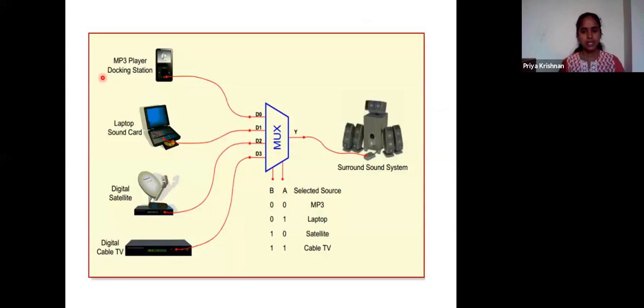So this is my application of MUX. I have a music system here, and I have a Bluetooth sound system. When I'm using only my phone, I can play the songs through my music system. Or if I work on a laptop, these things will not be selected; my laptop sound will go to this music system.